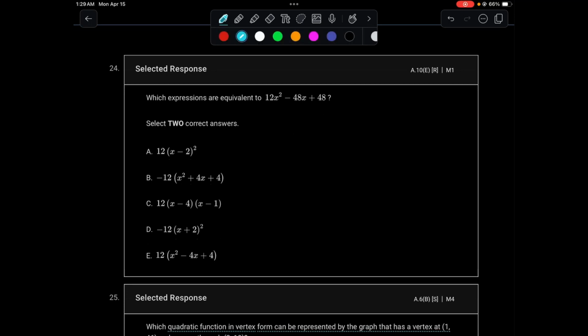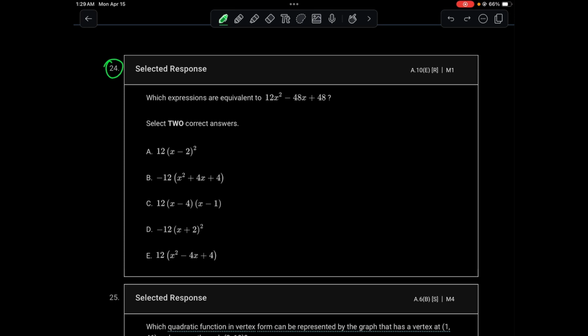24. Which expressions are equivalent to this one? Select two correct answers. Now, that's a problem here, because if you don't read this statement and you find the first correct answer, you may miss the second one.